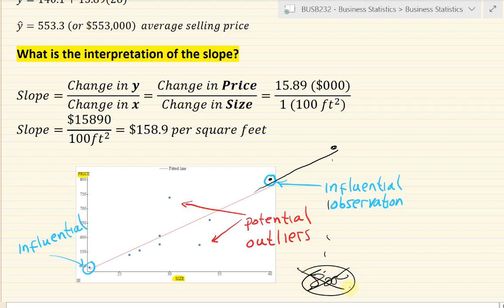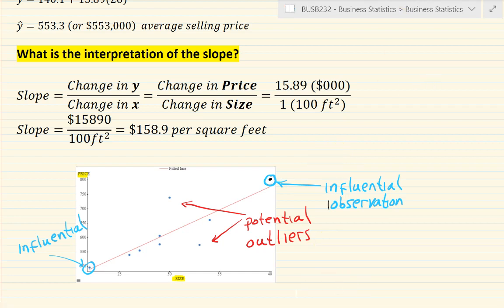And if my boss allows me to do that, I'm going to remove that extremely influential observation. Otherwise, we don't touch them. The other thing that we can do, by the way, in regression, since there are different kinds of regression analyses, is another version of regression called weighted regression, where you can assign weights to observations. So we can actually change weights without having to delete data points.